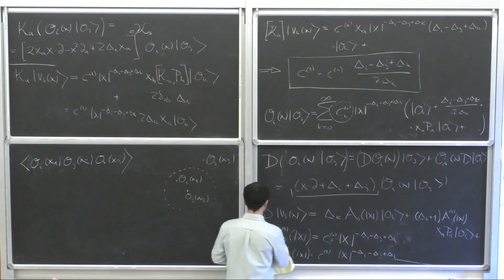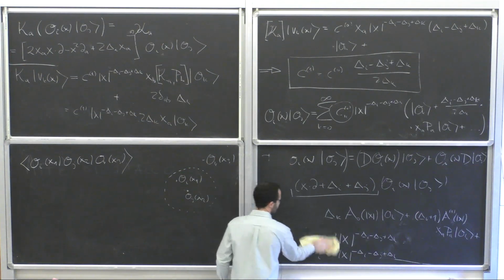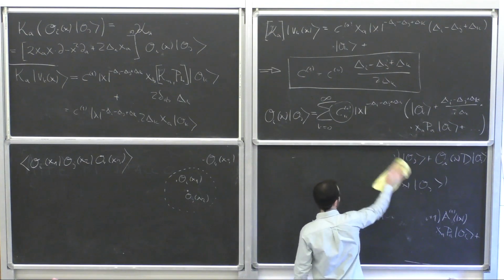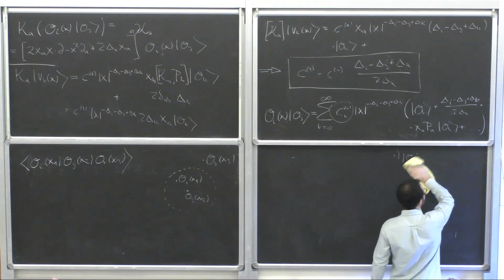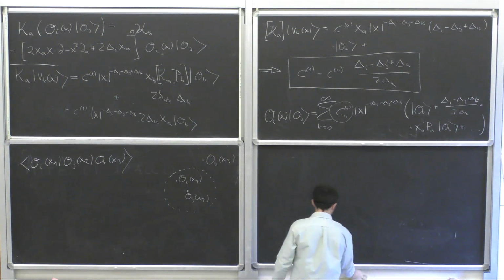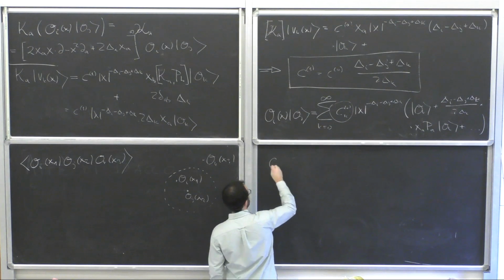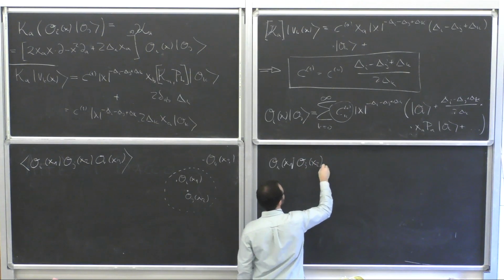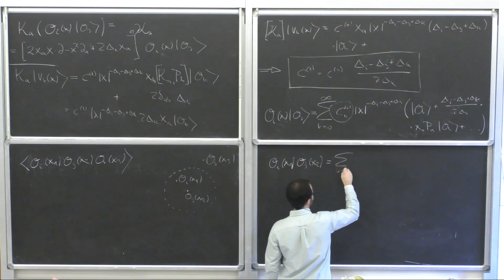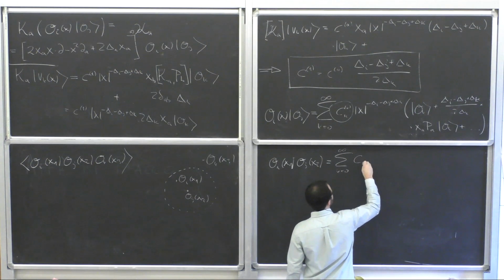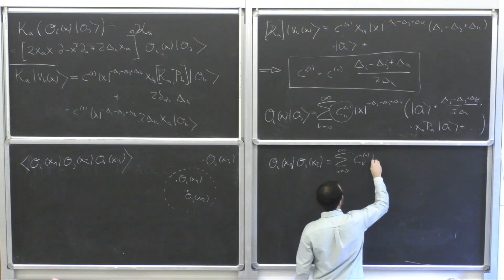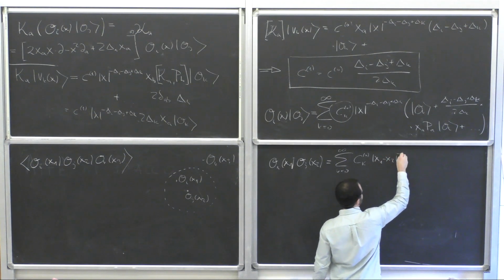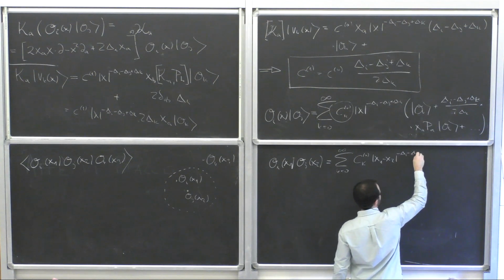The same formula written up for the state also has an interpretation as a formula about operators, where we just interpret the descendant state as a derivative of the operator at the origin. So O_I, if I just rewrite the same formula for operators, I would get a sum over K, C_K0. And now everything is translated, so I need to put x1 minus x2 to the minus delta I minus delta J plus delta K.